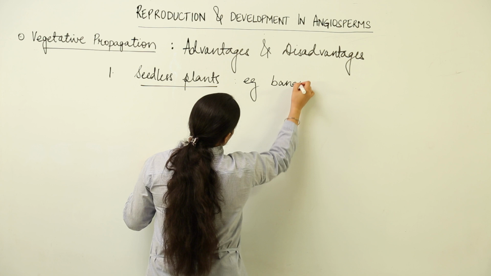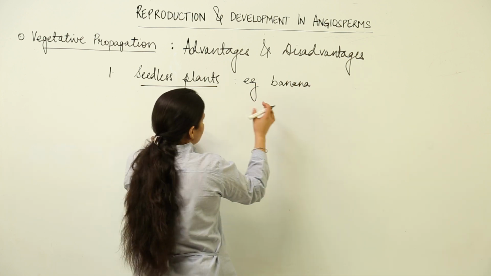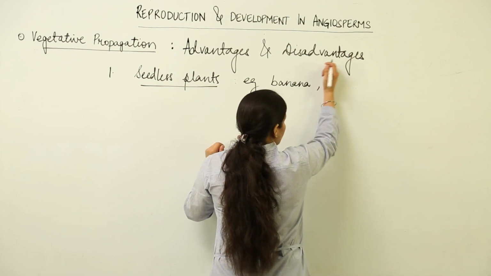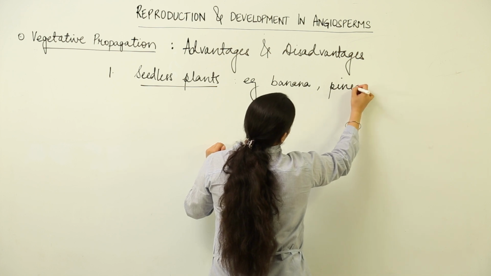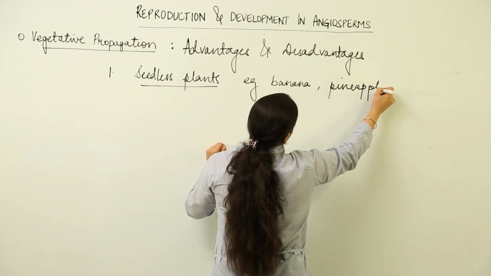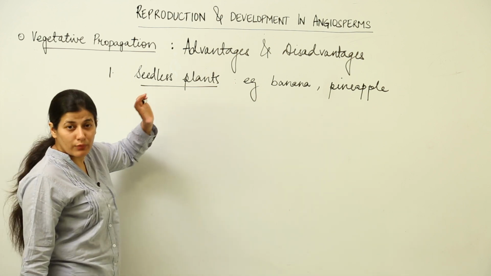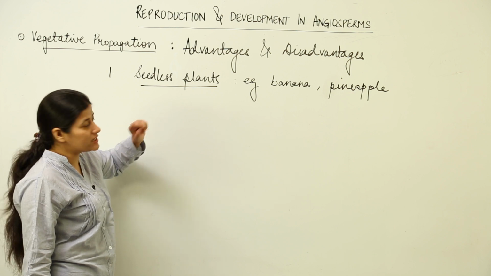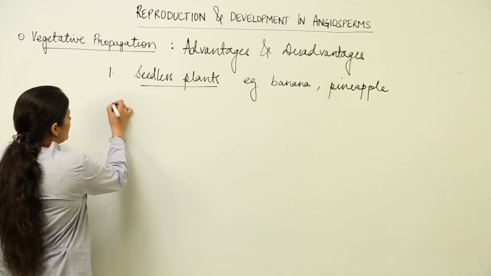These are the simplest examples, and if ever you cannot recall the entire topic, do remember banana and pineapple. They are propagated using their vegetative propagules, and it is preferred in this case because they are seedless plants. So, it is easier to obtain the offsprings.